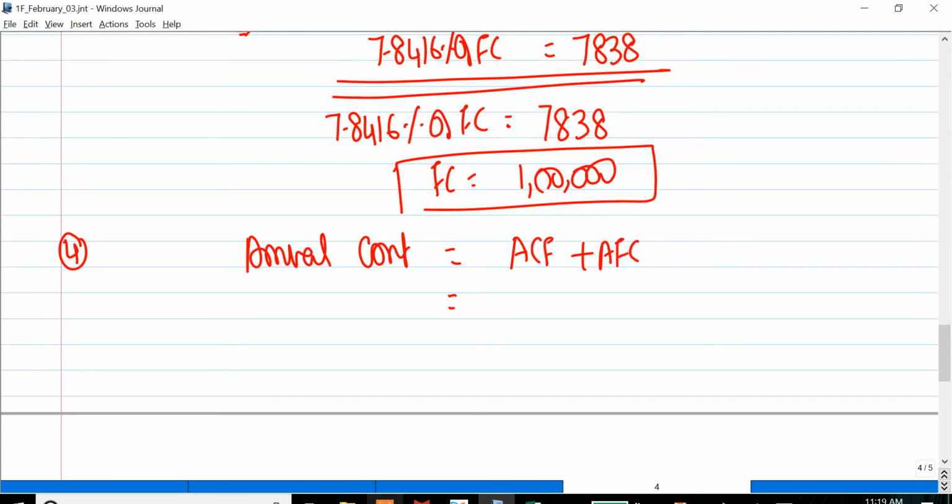The annual cash flow is 57,500 and annual fixed cost is 1 lakh. Overall 157,500.